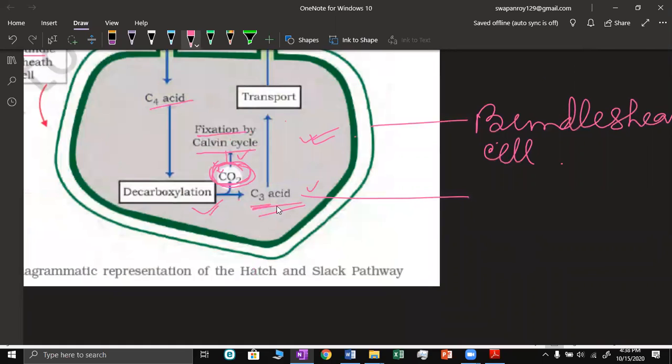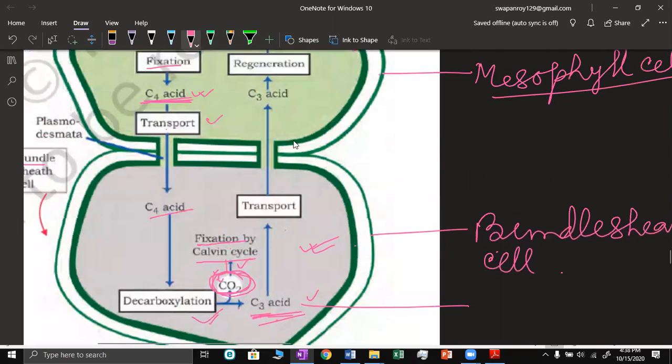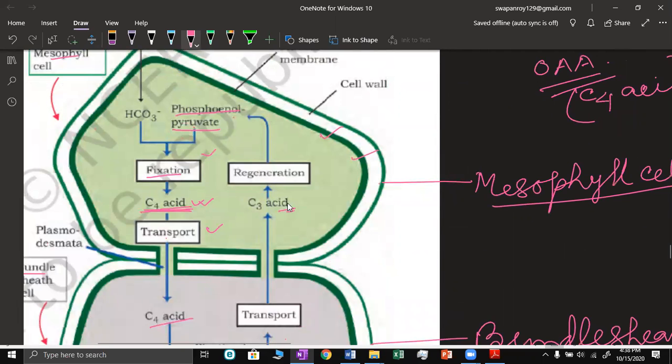And then this C3 acid is then again transported back to the mesophyll cell, and here it regenerates the phosphoenol pyruvic acid. All right, and the phosphoenol pyruvic acid again absorbs carbon dioxide.